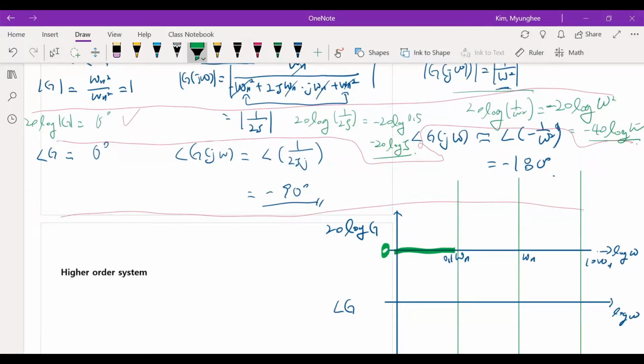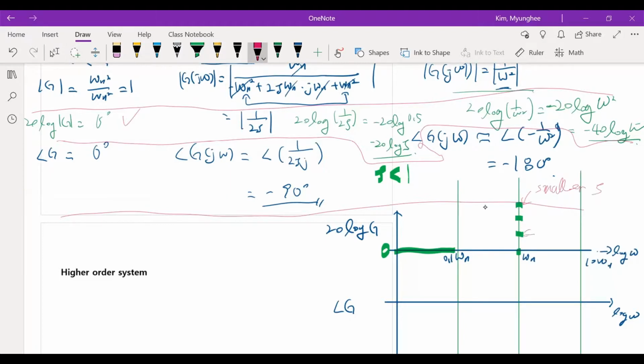When ω is almost ωn, the input frequency is almost the natural frequency, then the amplitude will depend on the ζ. And the ζ is typically smaller than 1. So if the ζ is 1, then it will be here. But if ζ is the typical damping ratio, it will be going up. So the higher amplitude means the smaller ζ.